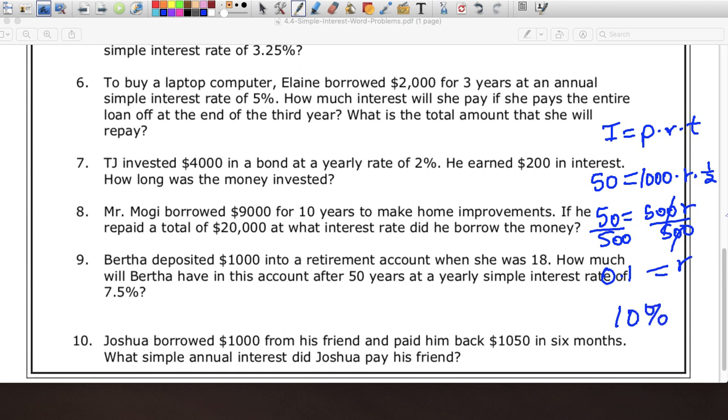So that was nice. He borrowed $1,000 from his friend, and that's not 10%, is it? No, something is wrong here. Hang on a second. 50 divided by 500, 0.1. Yeah, it's 10%. Unless I did something wrong.